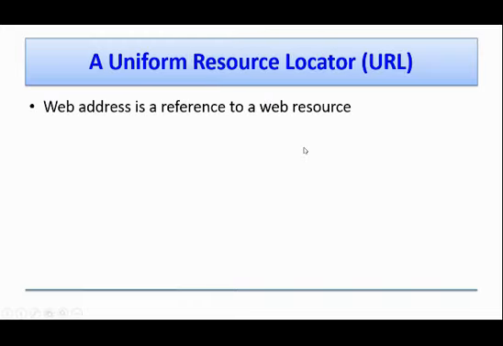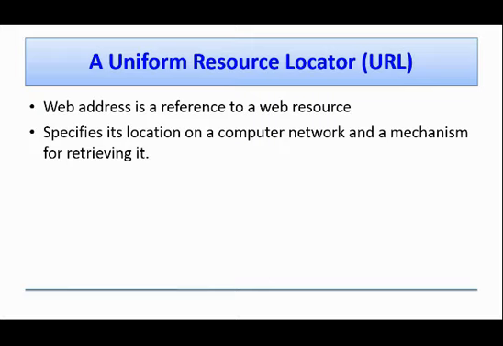Next, I told you that a web resource can be accessed using a URL, or Uniform Resource Locator. So that is the web address reference to any web resource. By using this web address we can access the web resource, right? The URL specifies the location on the computer network and the mechanism for retrieving that web resource.